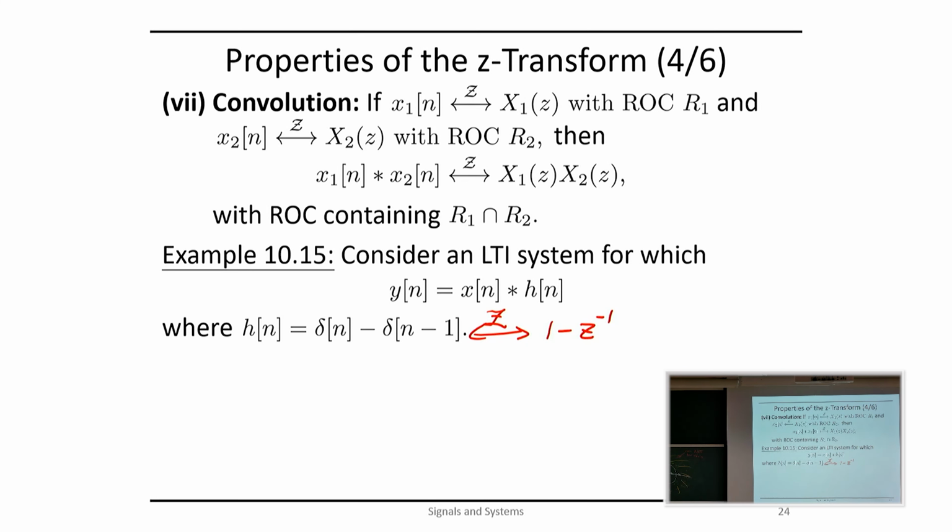So this is H(z). And the ROC is the entire z-plane except z equal to 0. Because if z is equal to 0, then this blows up and becomes unbounded.